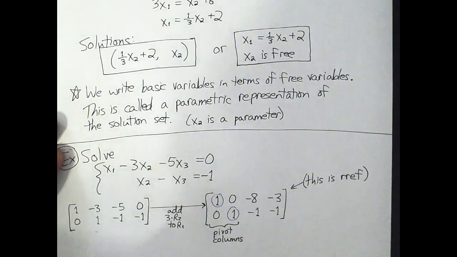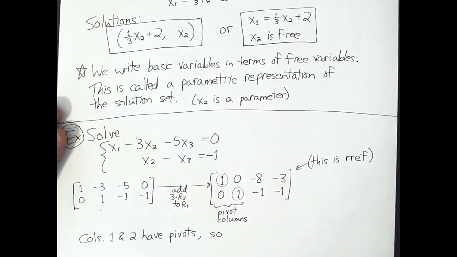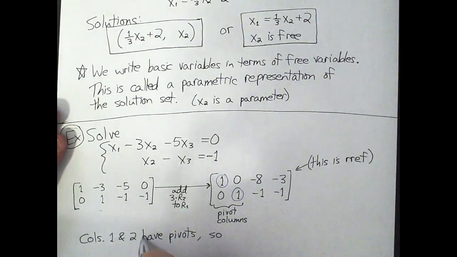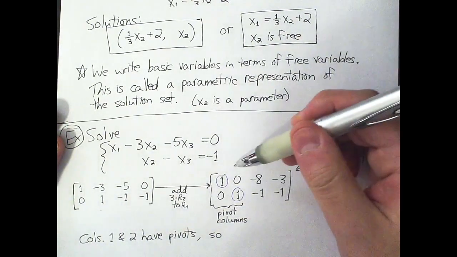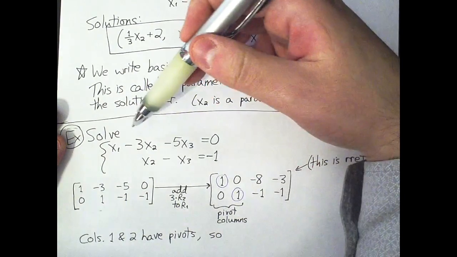What we are going to conclude from this is that columns 1 and 2 have pivots. So it turns out that what we can conclude from this, remember, like, what does each column represent?